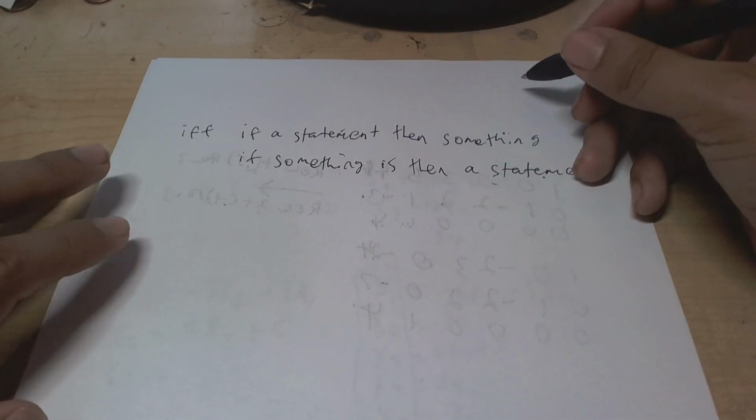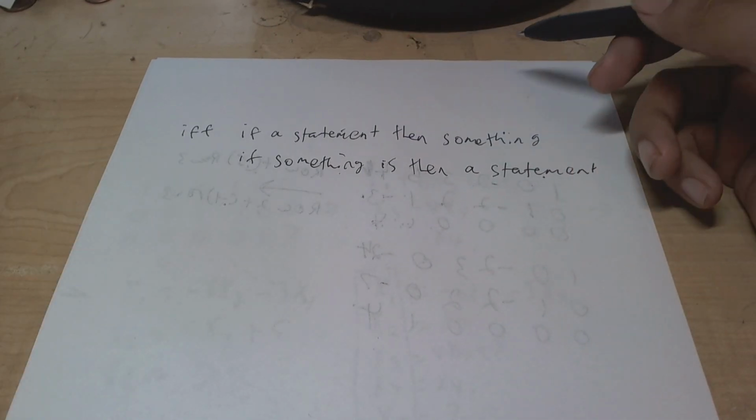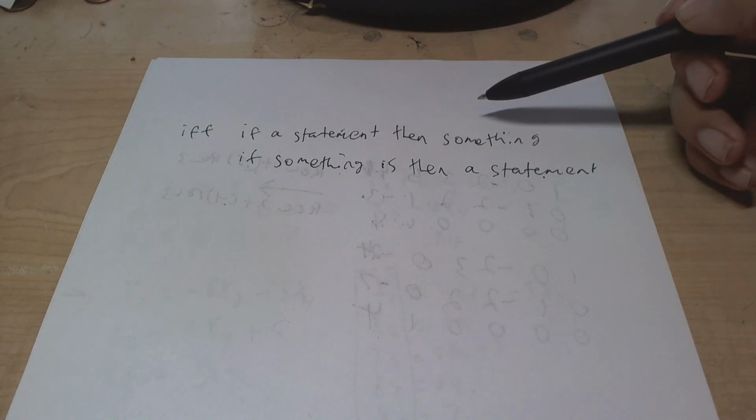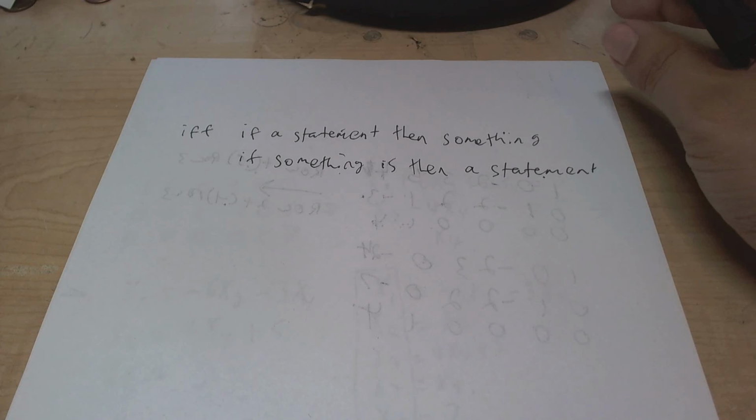Okay, I'm not sure if that is clear, but it just means that it has to be true in both directions. So I'm going to use that in this context.